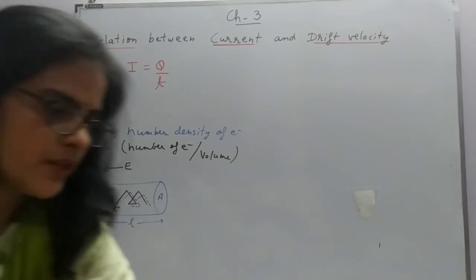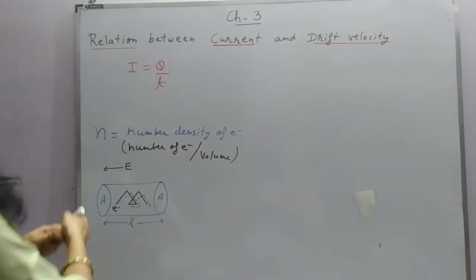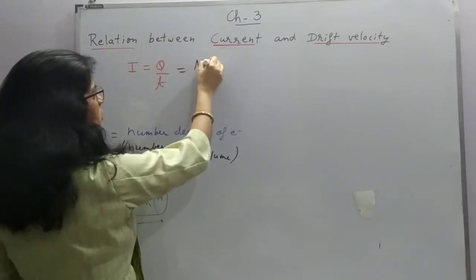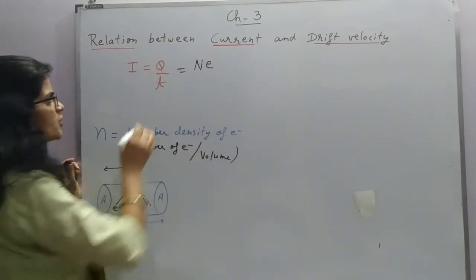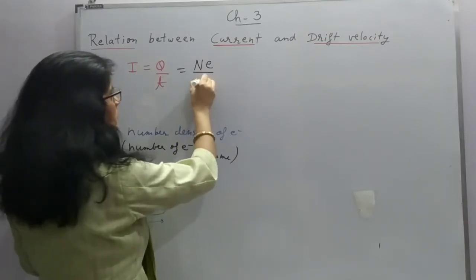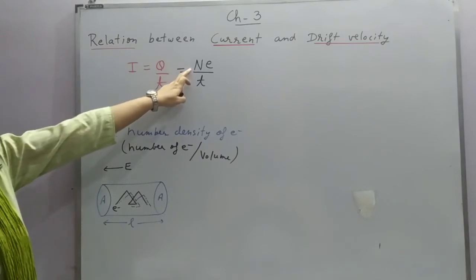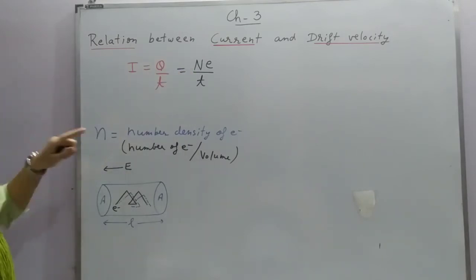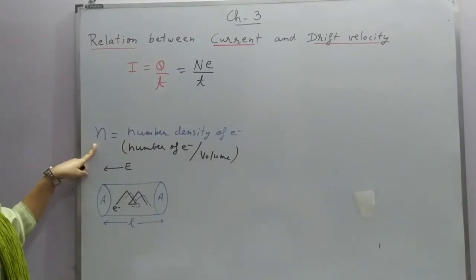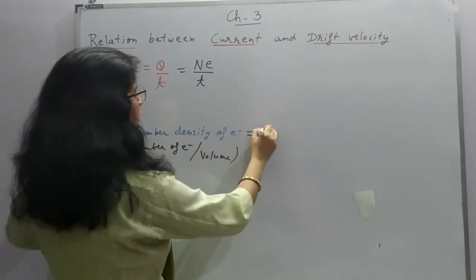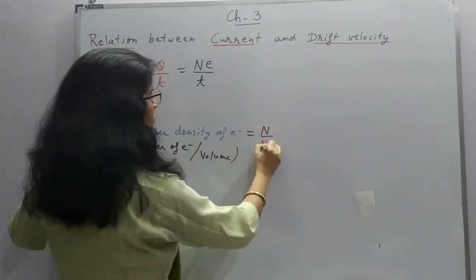So from here, what is Q? Q is capital N into electronic charge. Capital N is the number of electrons. If small n is the number density of electrons, then small n is capital N upon volume.